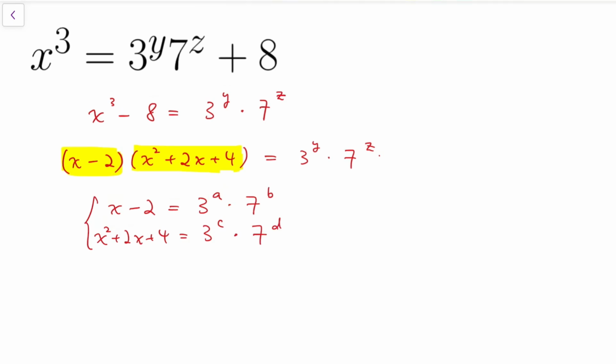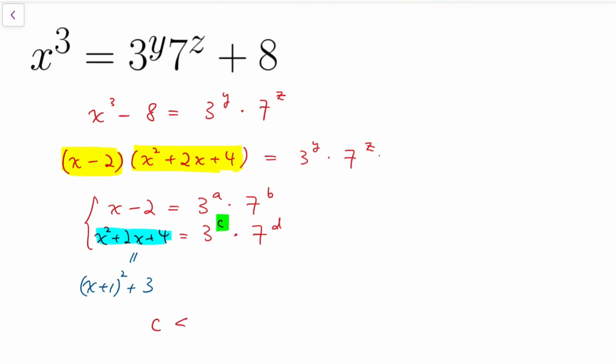Now notice that the expression x squared plus 2x plus 4 can be rewritten as x plus 1 all squared plus 3. Now, if x plus 1 all squared were a multiple of 3, then it has to be a multiple of 9, and when it's added to 3, I can say that for this index c, there is an upper bound: c can only be at most equal to 1.